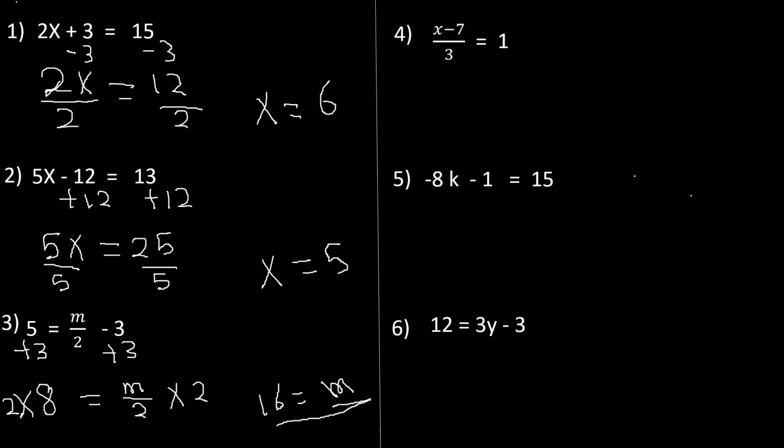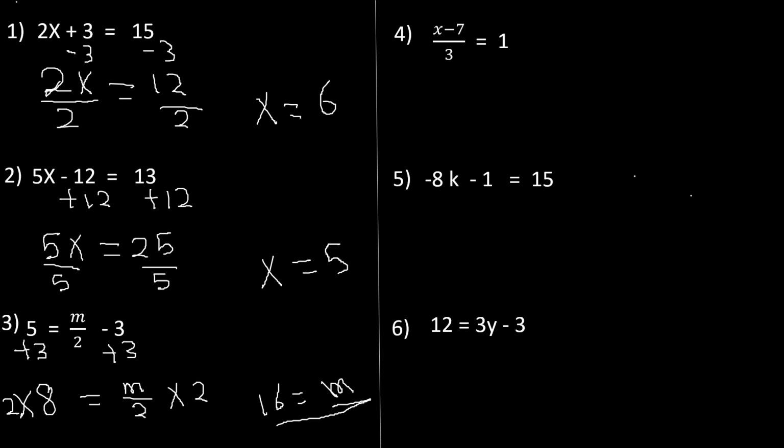In example number 4, x minus 7 over 3 equals 1. So the whole thing here, x minus 7, is divided by 3. So the first thing is it's division, it's not subtraction, because it's over. So x minus 7 is divided, the whole result of x minus 7 divided by 3.